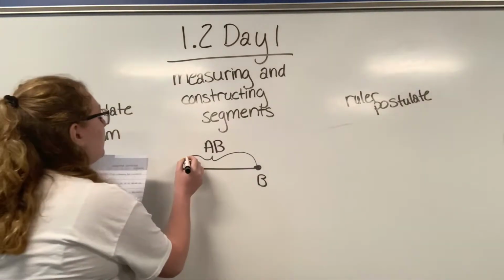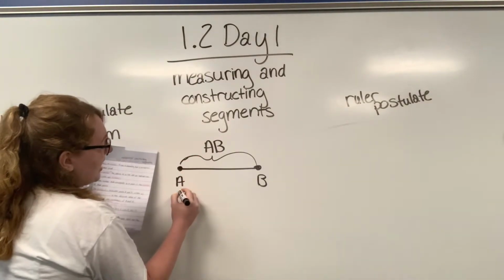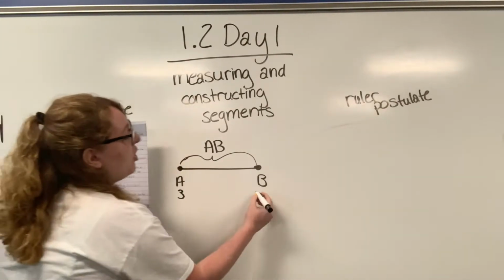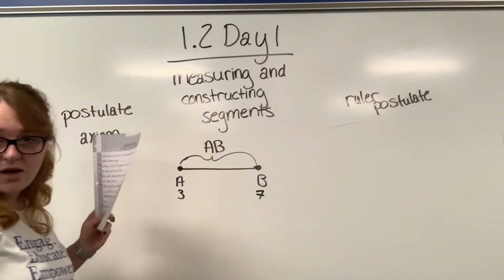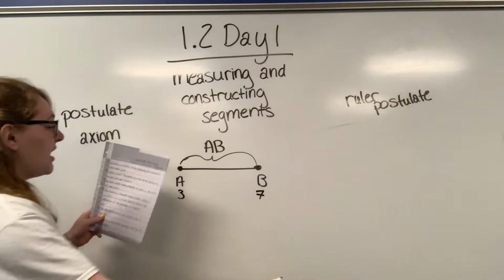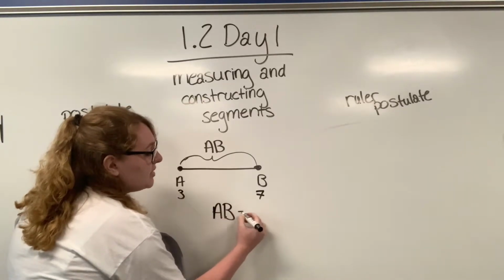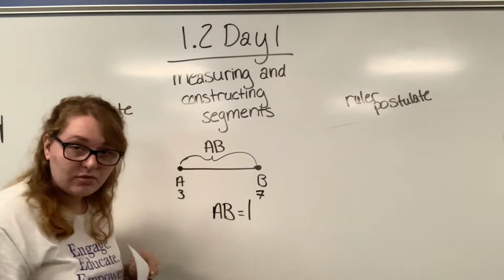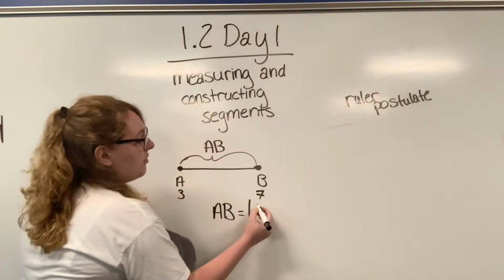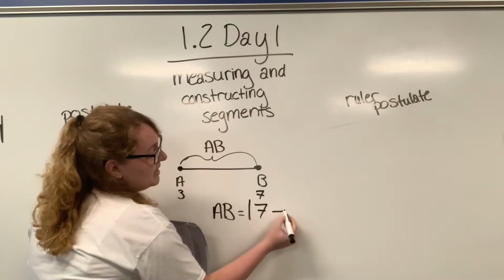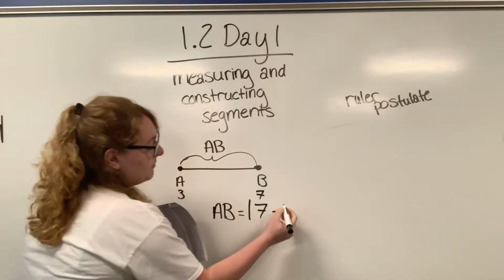Okay, so let's say that this A is on 3 and this B is on 7. The way that we would do that is AB, the distance, is equal to the absolute value of one point, 7, minus the other point, 3.